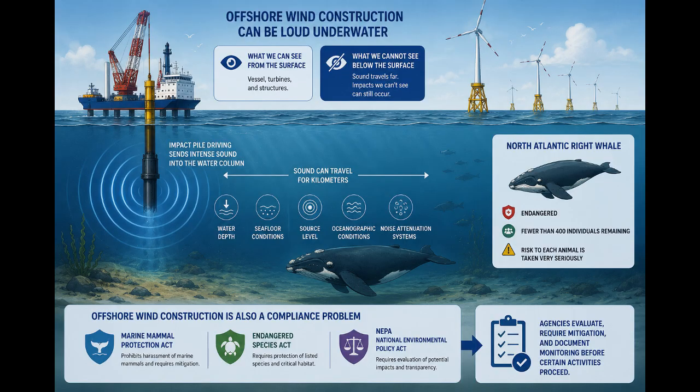Under the Marine Mammal Protection Act, the Endangered Species Act, and NEPA, the National Environmental Policy Act, agencies have to evaluate potential impact, require mitigation, and document monitoring before certain activities proceed. Monitoring is not just a nice-to-have. On this project, it becomes part of the legal conditions for construction.